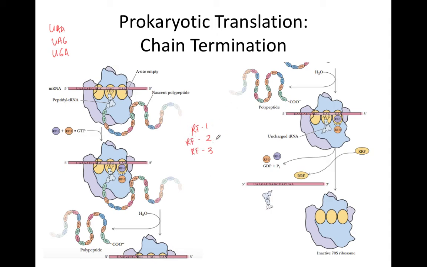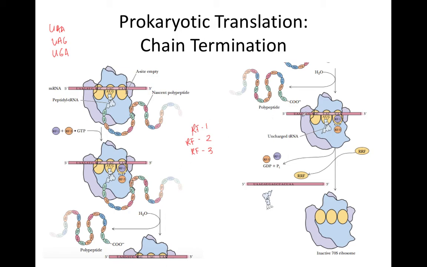So RF1 and 2 recognize the three different stop codons. And so in this example, RF1 recognizes UAA. If it recognizes UAA, RF1 binds to it, and then RF3, that is conjugated to a GTP, goes there and binds to RF1. In doing so, GTP is hydrolyzed.